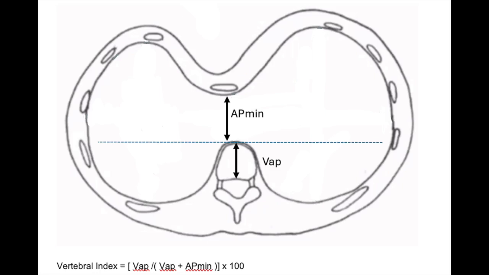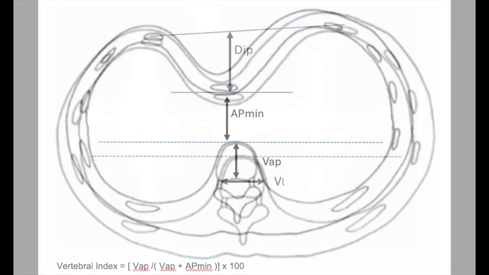The vertebral body is very well correlated to your height and size, so therefore perhaps if we have a vertebral index which is AP min as a proportion of the vertebral diameter measured anterior to posterior, then this might be even better than the correction index, and several papers have documented this. So we're going to collect the vertebral index because it might be superior to the previous two indices.